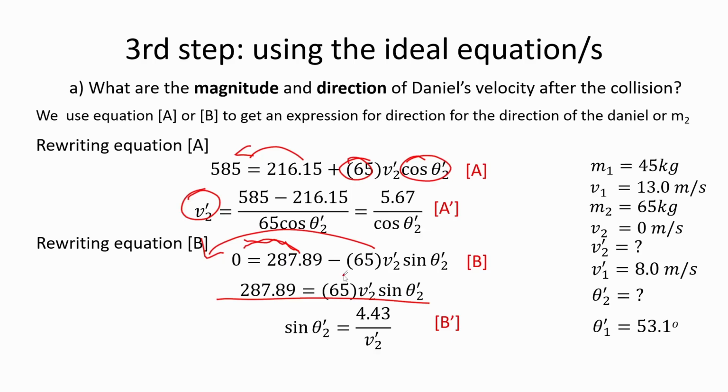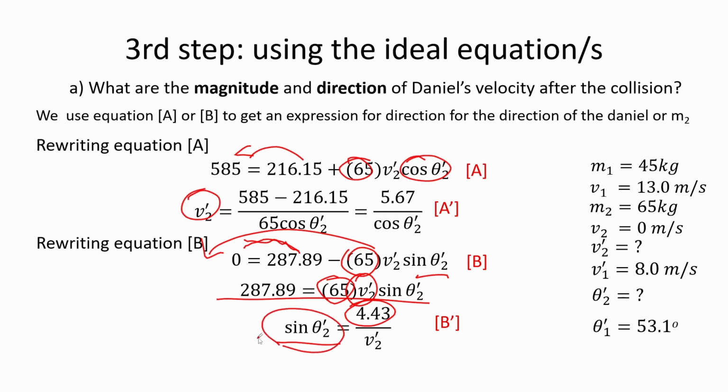Then we divide by 65. Oh no, this is the sine theta 2 expression. So rather, the sine theta 2 expression is divided by this one, and you get 4.43 divided by v2 prime. So you get an expression for v2 prime in terms of sine theta 2.